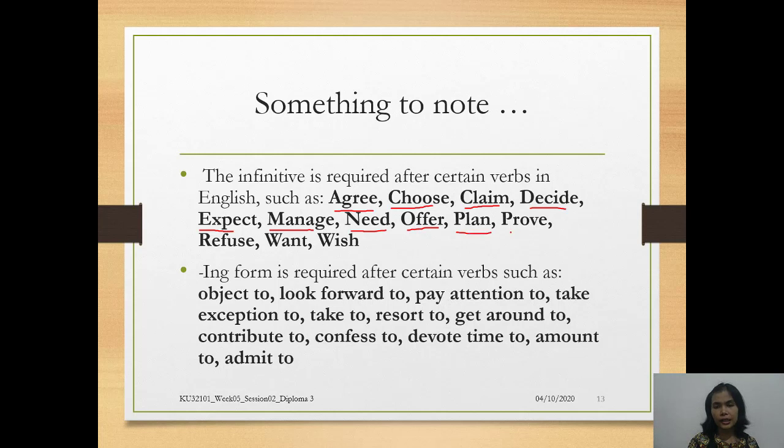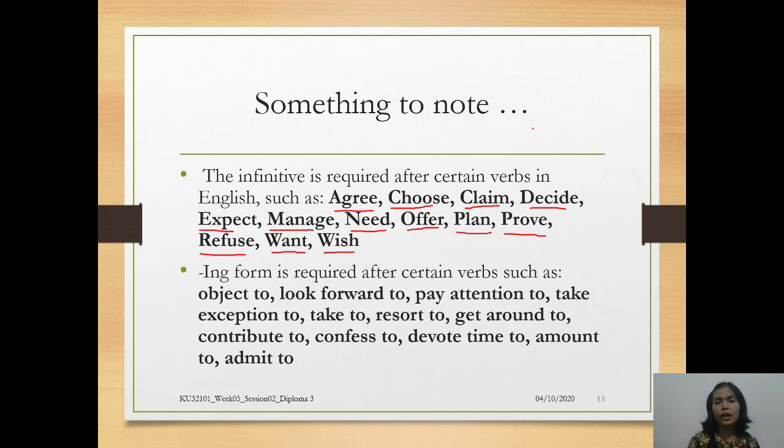It means like this. You still can have an ing form for this word. For example, we are choosing, or I am claiming, she is deciding, we are agreeing to something. Maybe not with the word need or want, but after all of this, you need to follow it with the word to infinitive.